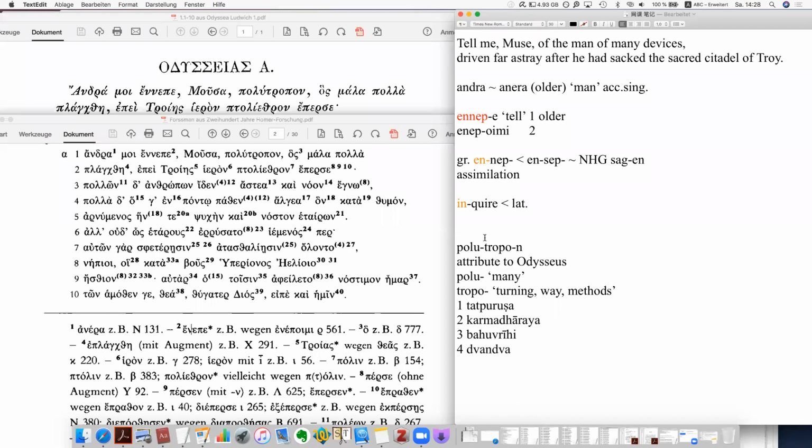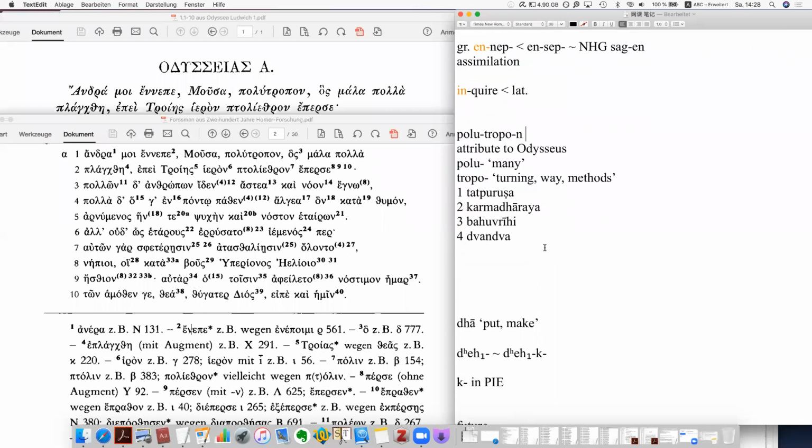Yeah. So what is your choice? Polytropone. What kind of compound is this one? Yes, it's pretty simple. Not that difficult. Yeah, it's a bahuvrihi compound, having many methods, right? Okay, and then let's move on.